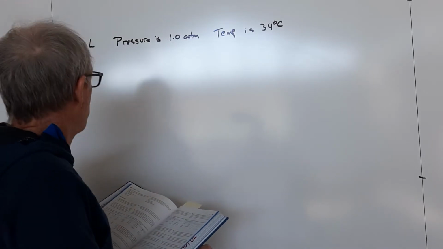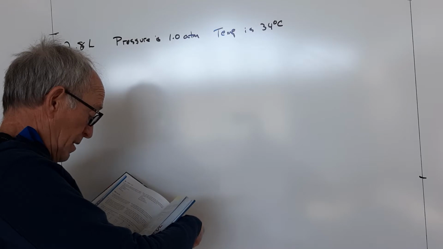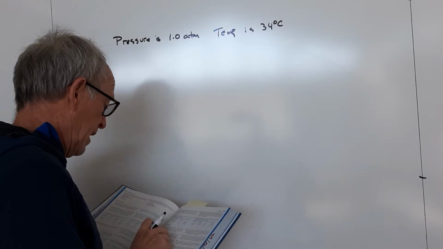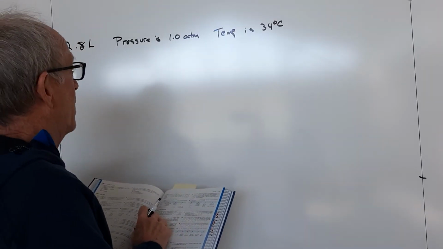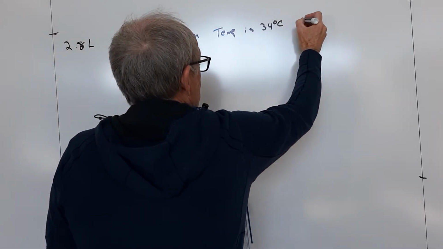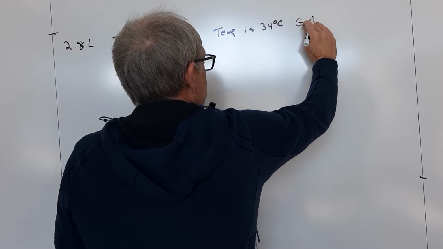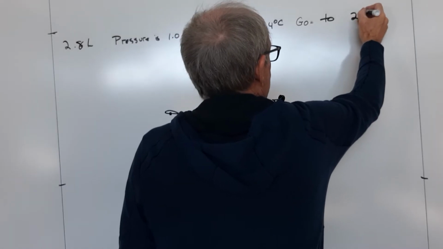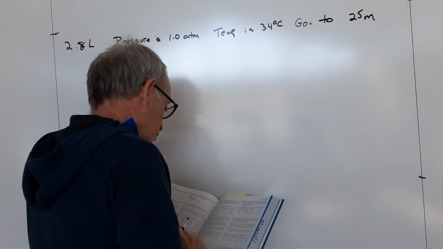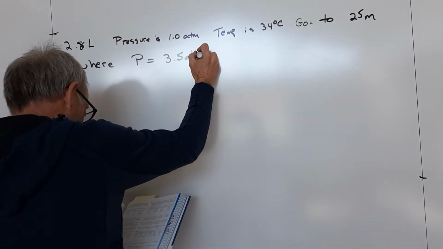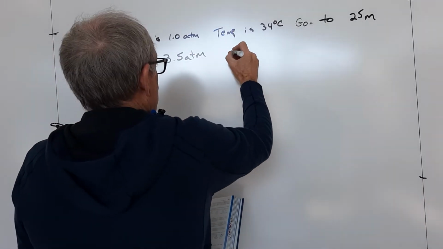A scuba diver takes a 2.8 liter balloon from the surface, where the pressure is 1 atmosphere and the temperature is 34 degrees, to a depth of 25 meters, where the pressure is 3.5 atmospheres and the temperature is 18 degrees.